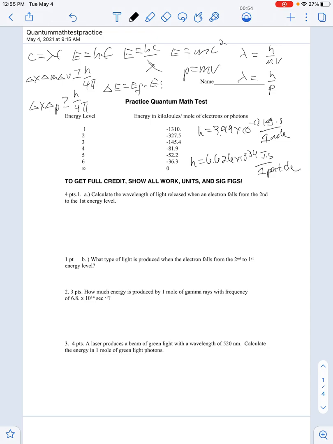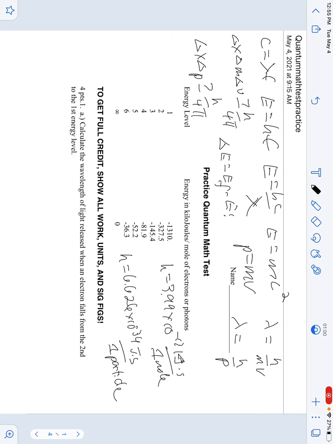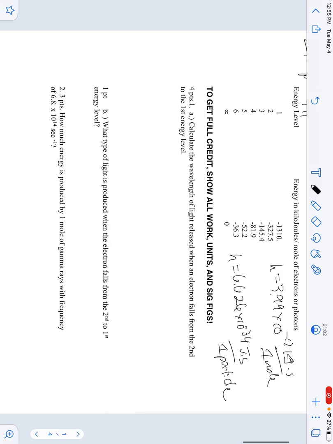All right, so the first problem here is: calculate the wavelength of light released when an electron falls from the second to the first energy level. So the first step is to calculate the energy change. So we're falling from the second to the first.